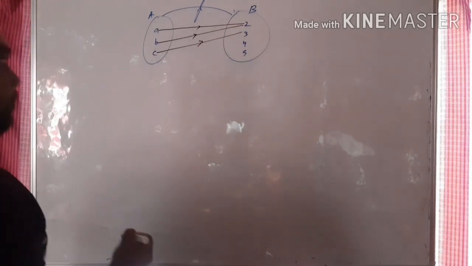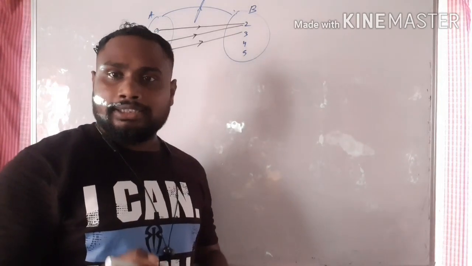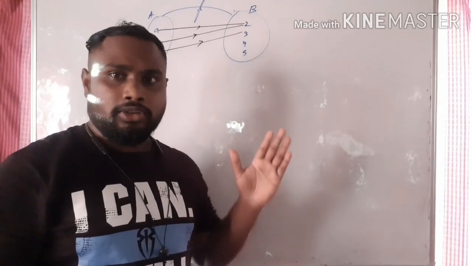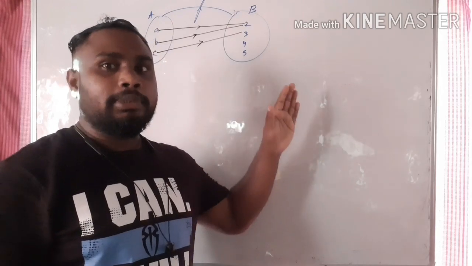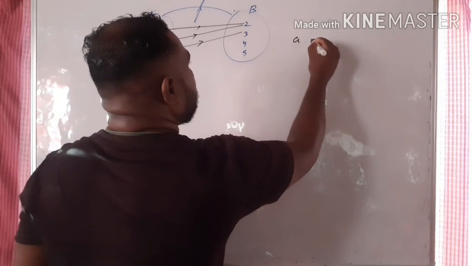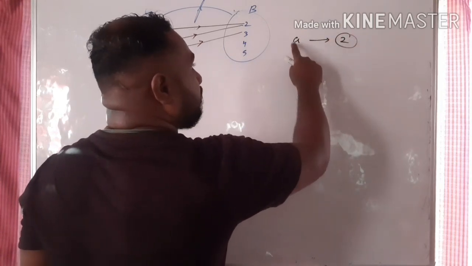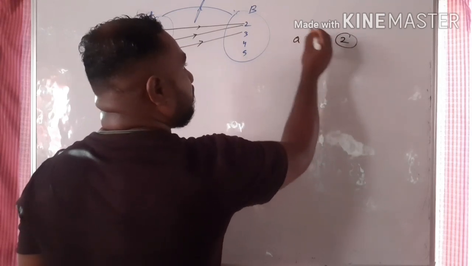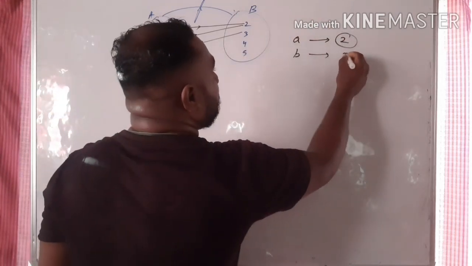According to the definition I have given, every element of A must be associated with a unique element in B. You can see here a is associated with only one element, that is 2. Here b is associated with again only one element, that is 2.